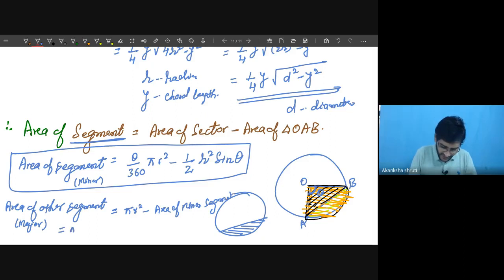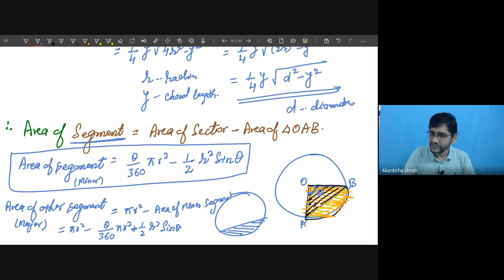This is obtained by pi r square minus, just substitute this, theta by 360 pi r square minus half r square sine of theta. You can remember it in this form, or if you want to remove this bracket, there is a minus sign before it, so while removing the bracket the sign inside will change. So it will get converted into this form.